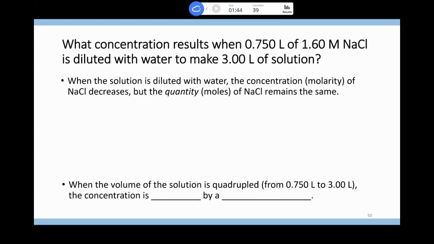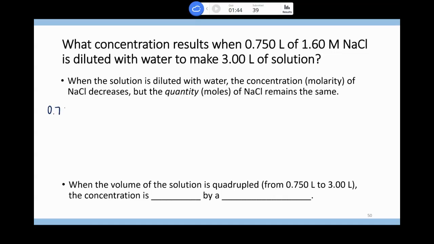So anytime you're diluting something by just adding more solvent, just like that coffee example, where the amount of sugar stays the same, the amount of your solute is going to stay the same. So you can calculate the moles of solute by using that solution where you already know the molarity. So we're taking 0.750 liters of the 1.6 molar solution. That's the solution that has the solute. We can determine how many moles of that solute are going to be present in our final solution.